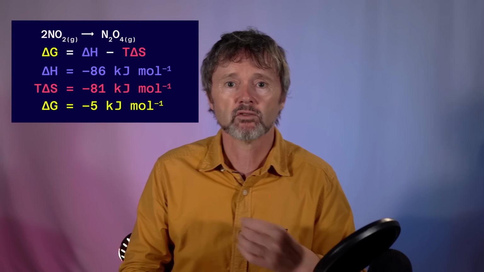Okay, so now let's take a look at that syringe filled with toxic nitrogen dioxide. Here's the equation, and we can see that in this direction, the reaction involves atoms getting organized from two molecules into only one. That's a big clue that entropy is going to be negative for this reaction, and indeed it is.